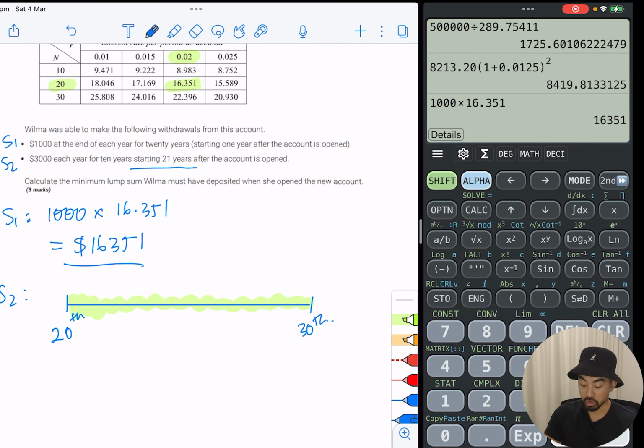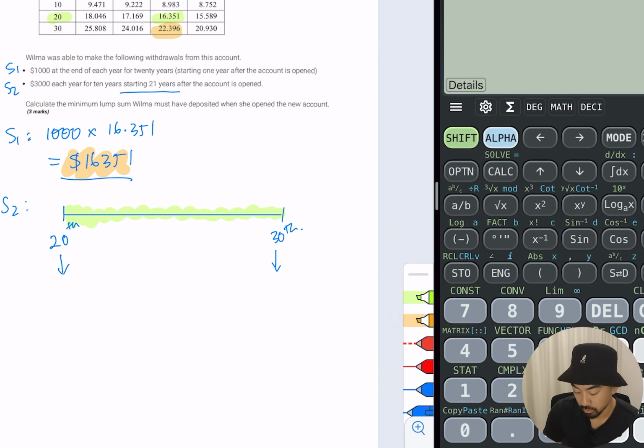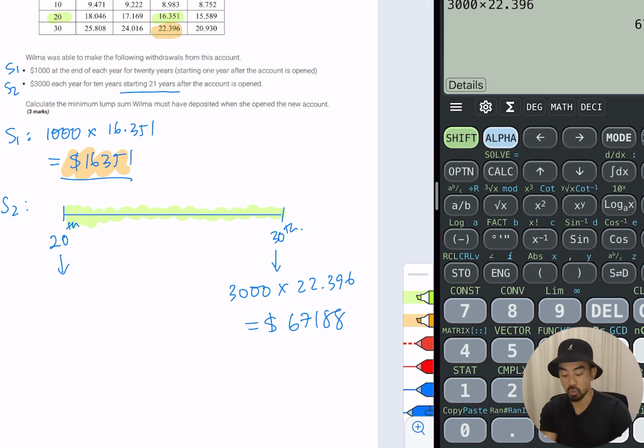So let's just take the 30th year to start off with. So 3,000 times 22.396. That's 67,188. Now we want to work out the 20th year so we can find the difference in terms of the lump sum that she would have had to put in order to get the extra $3,000 each year from the 20th to the 30th year.